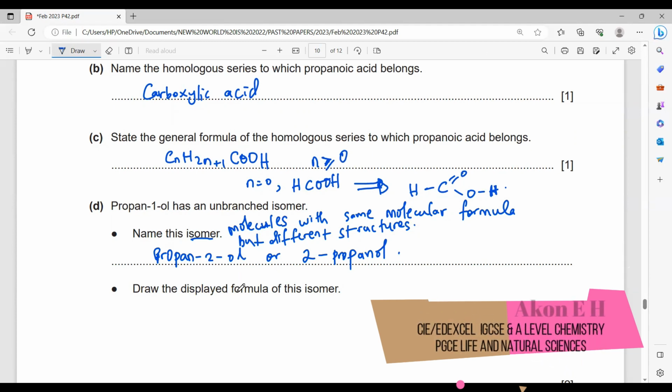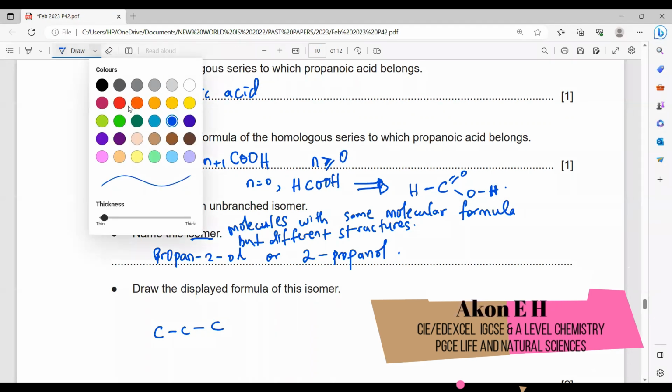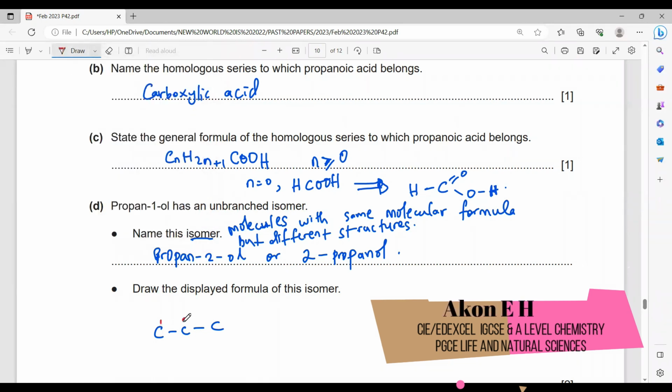Draw the displayed formula of this isomer. It's simple. Propan-2-ol should have 3 carbon atoms. I can name them carbon 1, 2, 3.